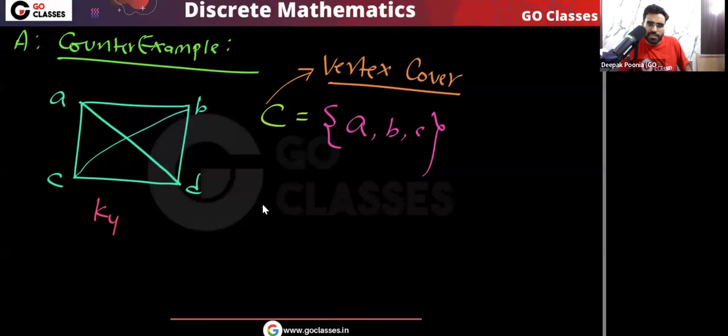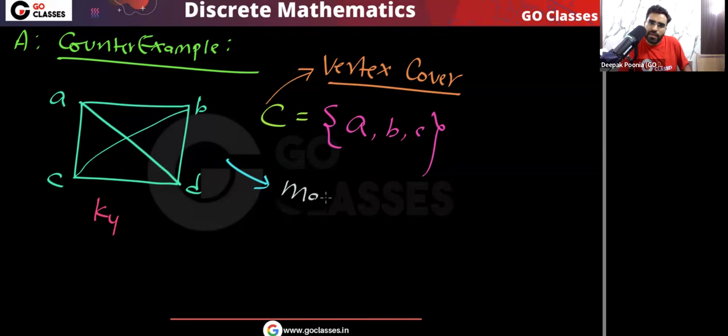What about the independent set? In this complete graph, every 2 vertices are adjacent. Yes or no? So tell me, what is the largest independent set you can create? The largest independent set that you can create will have a single vertex.